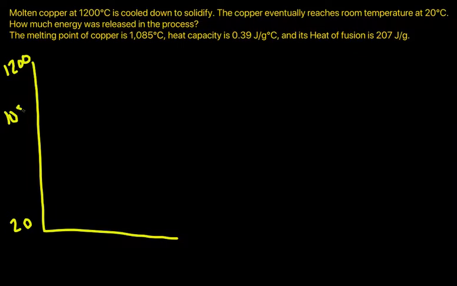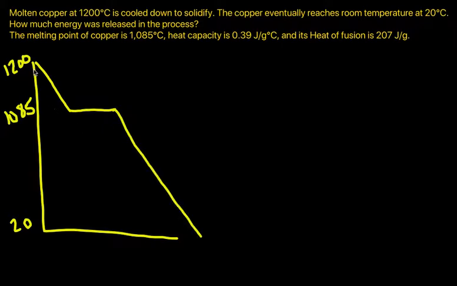So 1085. All right, since we're cooling down and solidifying, that means our graph is going downwards. So we're going to go from 1200, we're going to cool down now to 1085. Once we hit 1085, we go through that phase change, we turn into a solid. Once the solid is complete, it starts cooling down, giving off energy again.